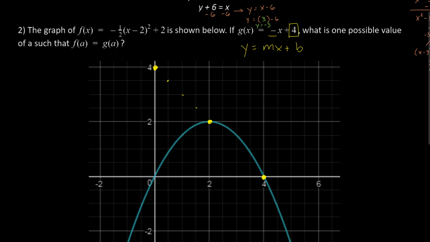The A value or the X value. So at what X value did it intercept? 2. When A equals 2. Any questions here? It also could have been when A equals 4. Any questions?